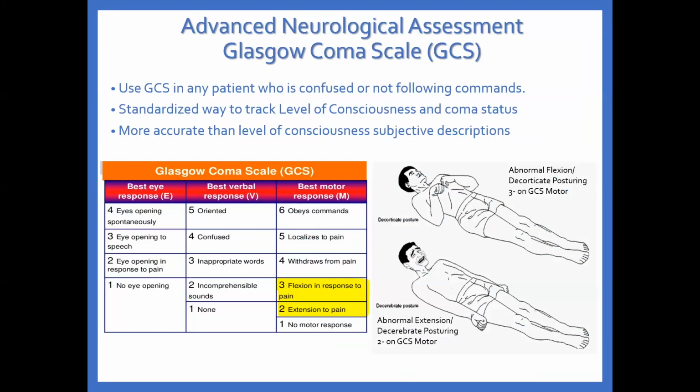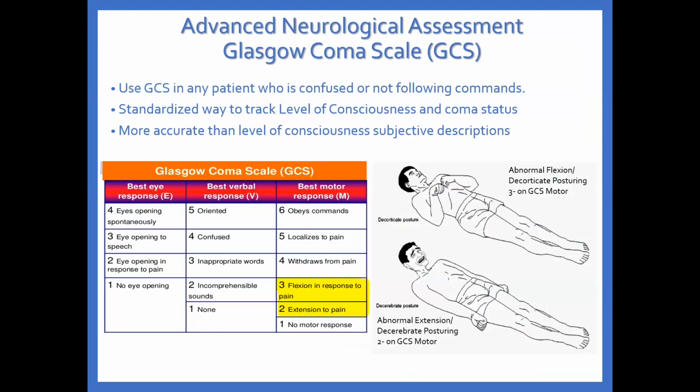Opening to speech means any level of speech without touch. So somebody had their eyes closed, maybe they're just resting their eyeballs, and I walk over, I'm like, hey, and you open your eyes, great. That's the speech. So the first thing you're going to do is hopefully they open their eyes on their own. If not, you'll just say, hey, Mr. So-and-so or Mrs. So-and-so. If they open to that, or hey, it's the same thing, okay?